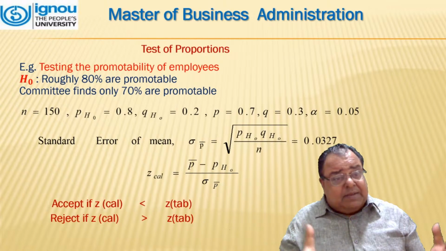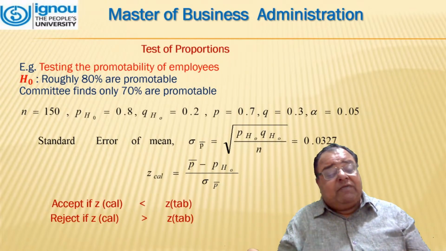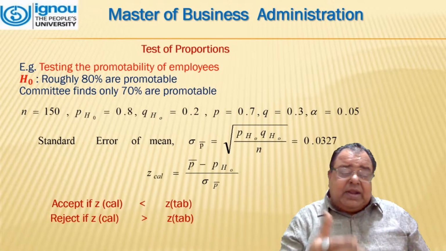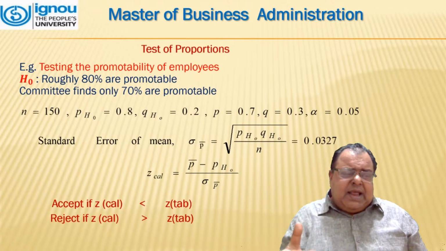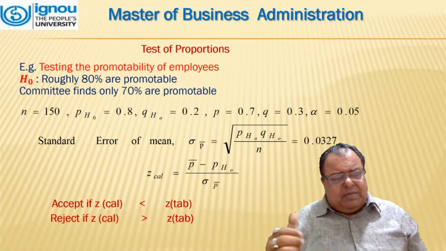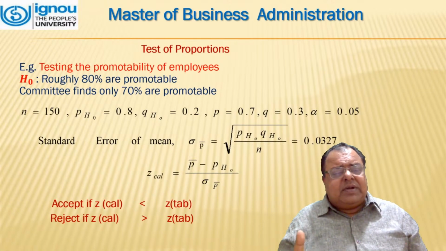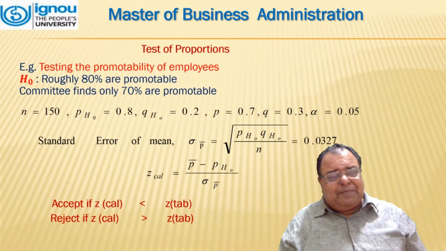We take up another problem. Here the notations provided to us are different. We are testing the promotability of employees. We say that H naught is roughly 80% are promotable. The committee finds out only 70% are promotable. Now what changes?